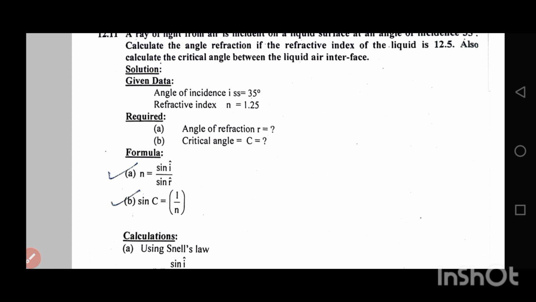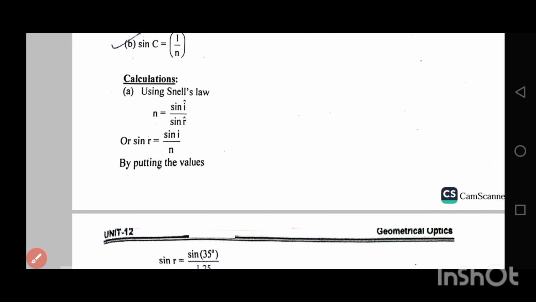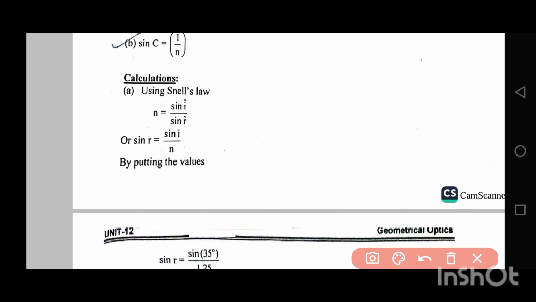First of all we calculate the angle of refraction by using the formula n is equal to sin i over sin r, and after that we calculate critical angle. For that we use formula sin c is equal to 1 over n. So n is equal to sin i over sin r, and sin r is equal to sin i over n.